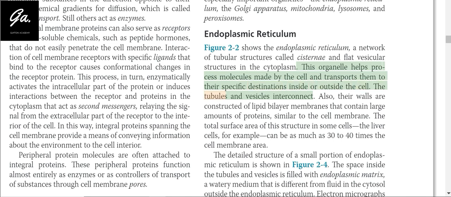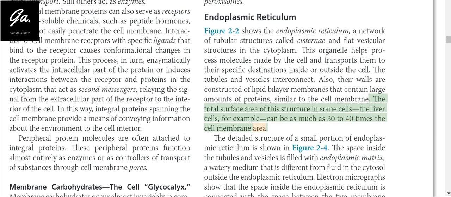The tubules and vesicles interconnect. Also, their walls are constructed of lipid bilayer membranes that contain large amounts of proteins, similar to the cell membrane. The total surface area of this structure in some cells, the liver cells, for example, can be as much as 30 to 40 times the cell membrane area.